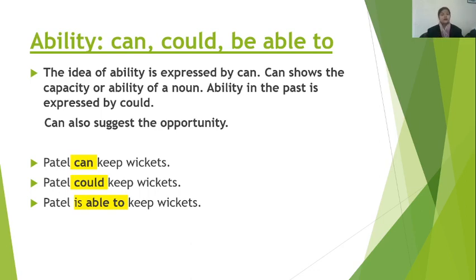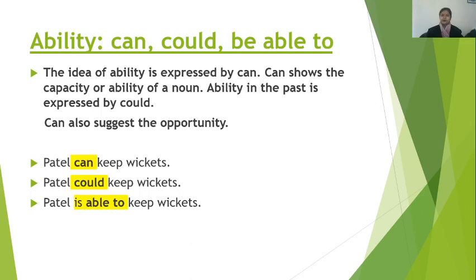The ability is basically the capability or the potential of a person, means the person is able to do something or not, the eligibility criteria that we call. So when we talk about a person's ability, that the person would be able to do that thing or not, which modal is used?